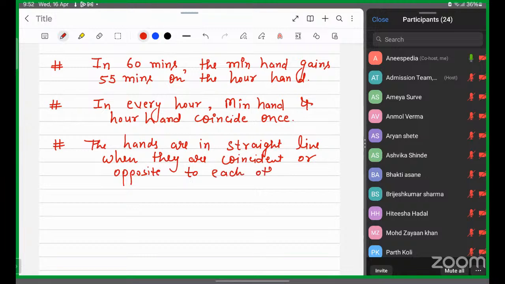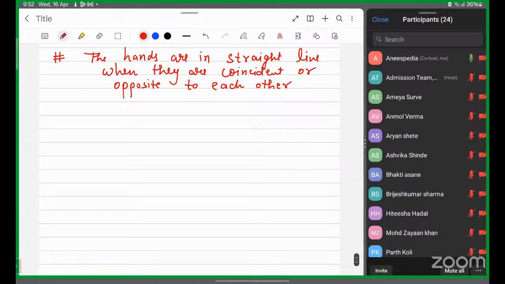Which means if this is the clock, and let's say this is the hour hand and this is the minute hand and they are opposite to each other, they will be in a straight line. This is H, this is M, and the angle between them will be 180 degrees.